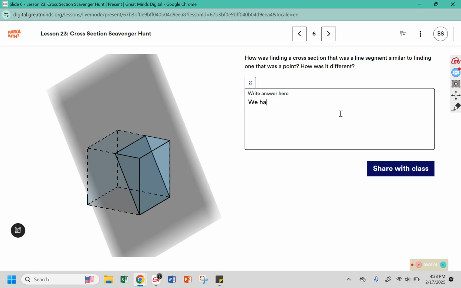We had to use a plane that was angled for both, but we wanted to go through one plane to create a line segment, and no, I guess I should say one face, not plane. Faces to get a point.